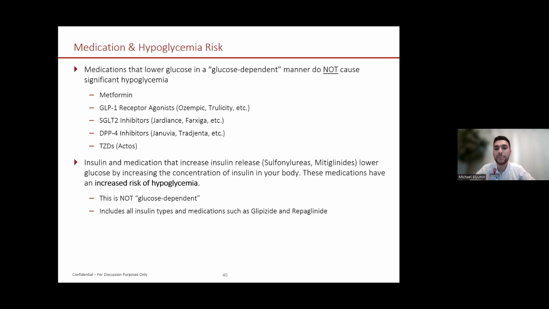So insulin and medications that increase insulin release, things like glipizide, things like PharmD, lower your glucose by increasing the concentration of insulin in your body. So this is not dependent on what the sugar is in your body. Your body is just releasing more insulin or getting more insulin, and that's going to lower the glucose. So this is not glucose dependent. And this includes all types of insulin, long-acting, short-acting, etc.